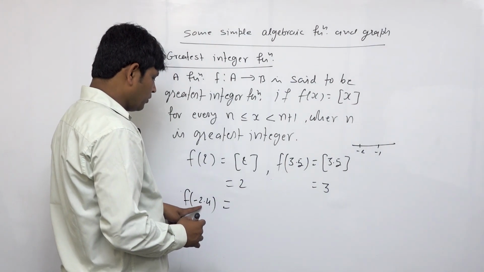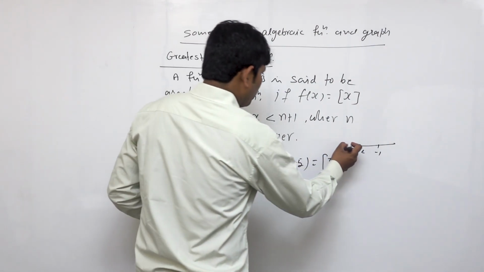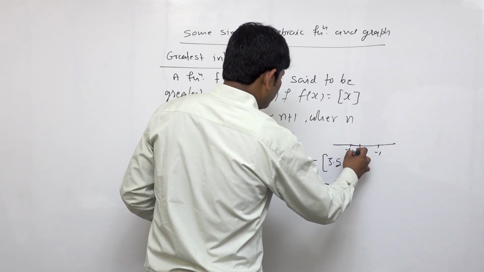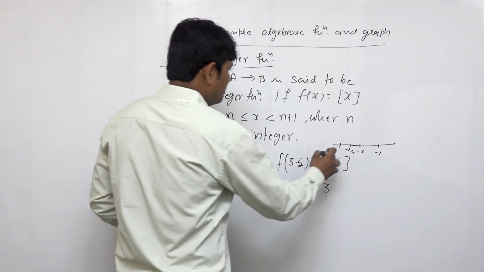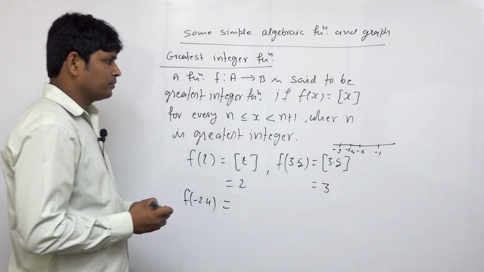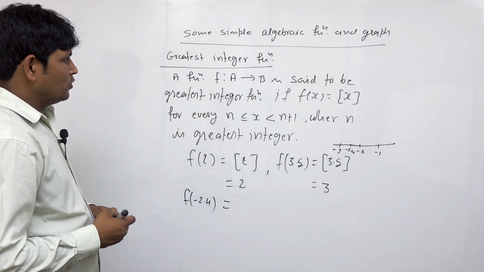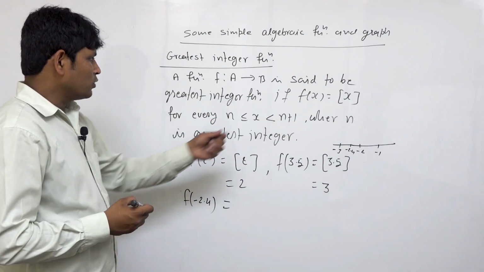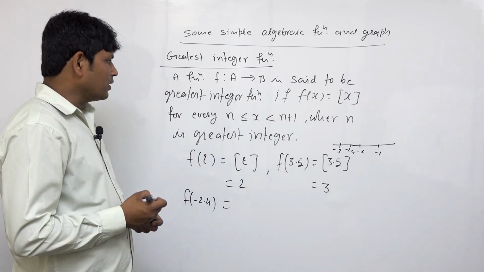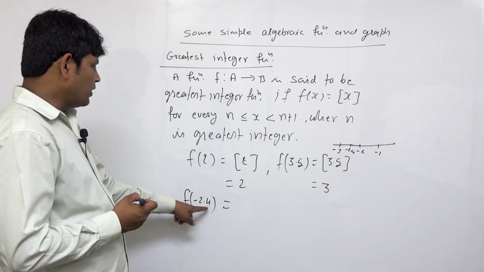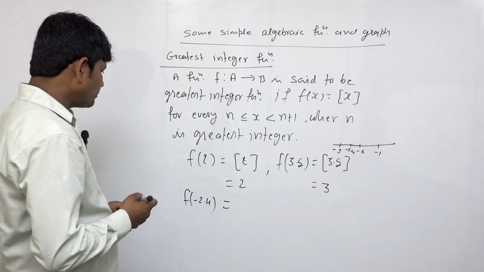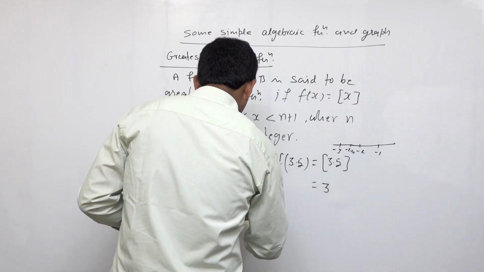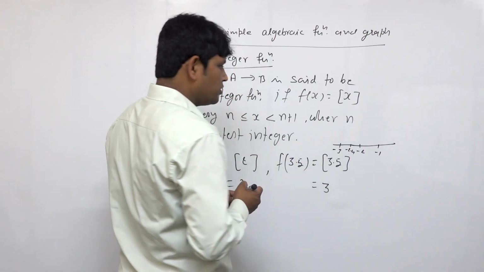Where is -2.4? -2.4 is here, between -3 and -2. N plus 1 is the bigger number and there is a smaller number. So for -2.4, we take -3 as the greatest integer.